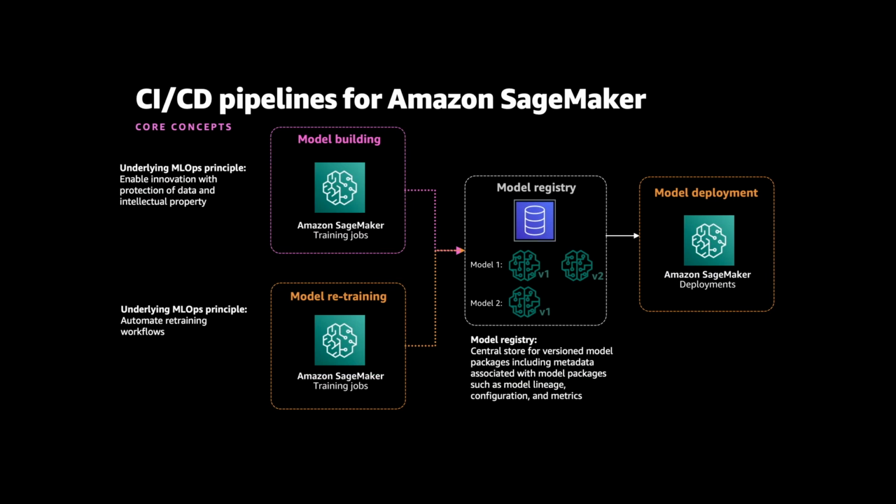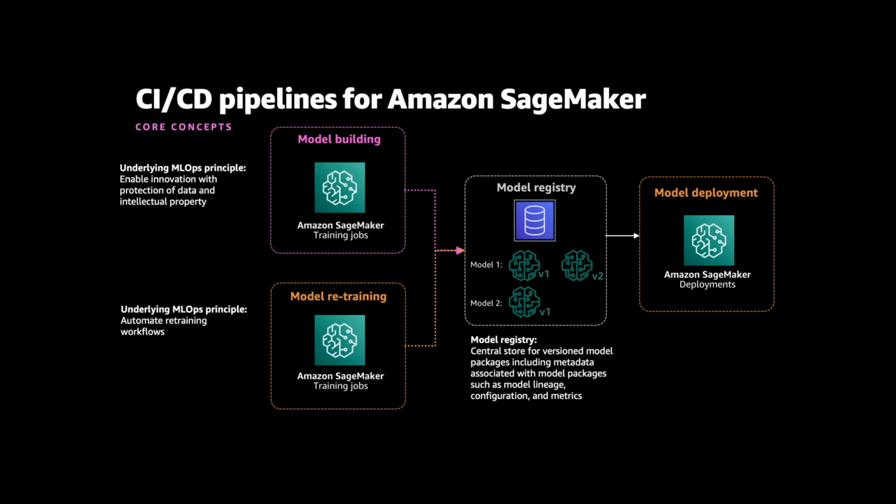remember, I just told you that we have the model building. Sometimes we need to automate the retraining workflows, and you're going to learn more during the SageMaker Pipelines demo. But we have the concept of the model registry, right?